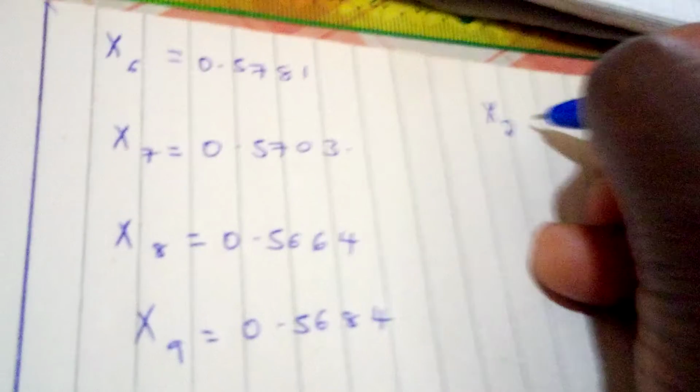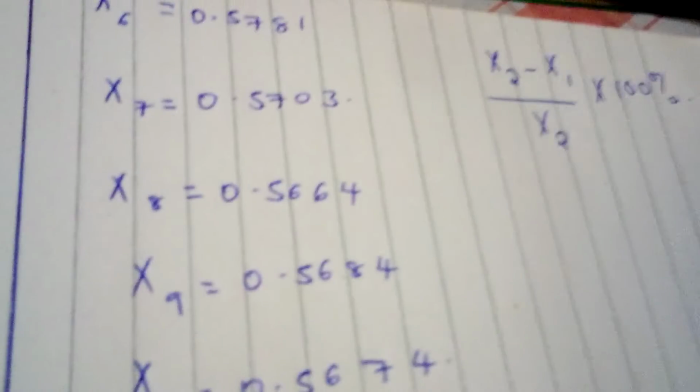0.05% tolerance. How to find a tolerance or successive approximation using tolerance? You use the formula. We have x2 minus x1 divided by x2 times 100%.